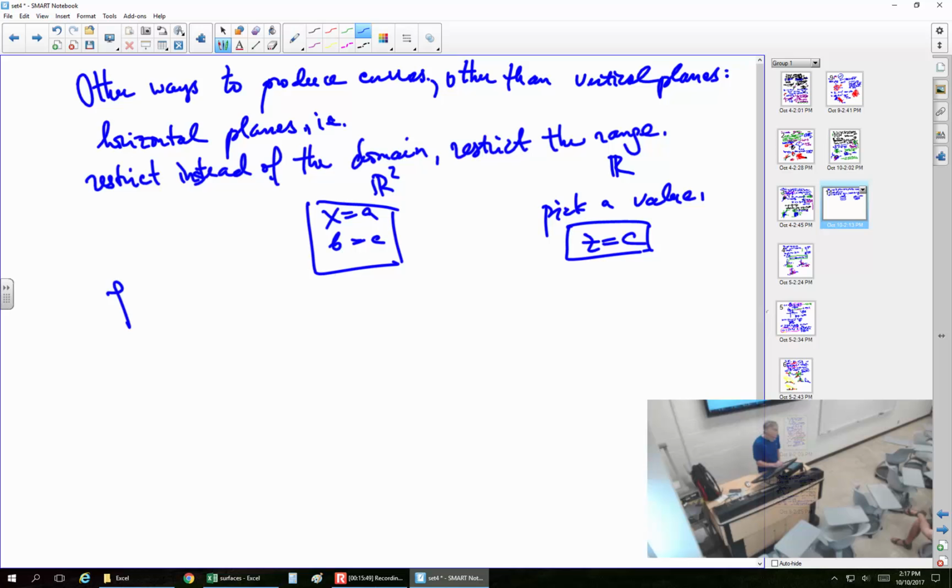So if I have my f of x y equal x y, that is the value of z, the output. So I set the value of z, as we did a little bit of that yesterday. You can just set z equal to, say, 0.